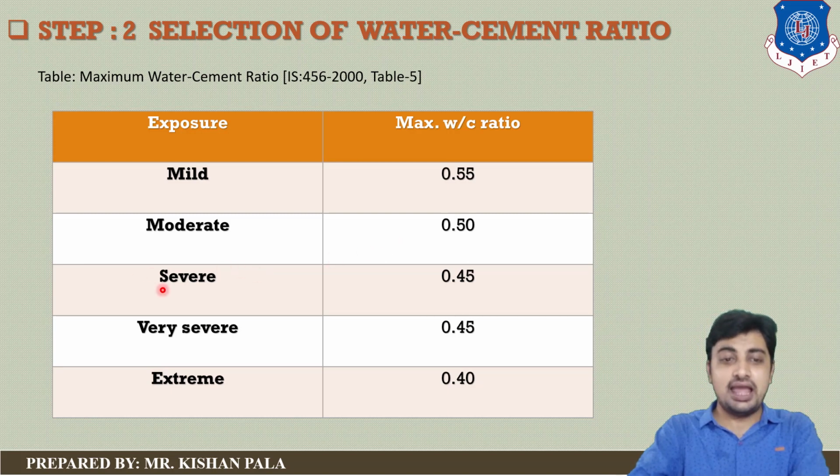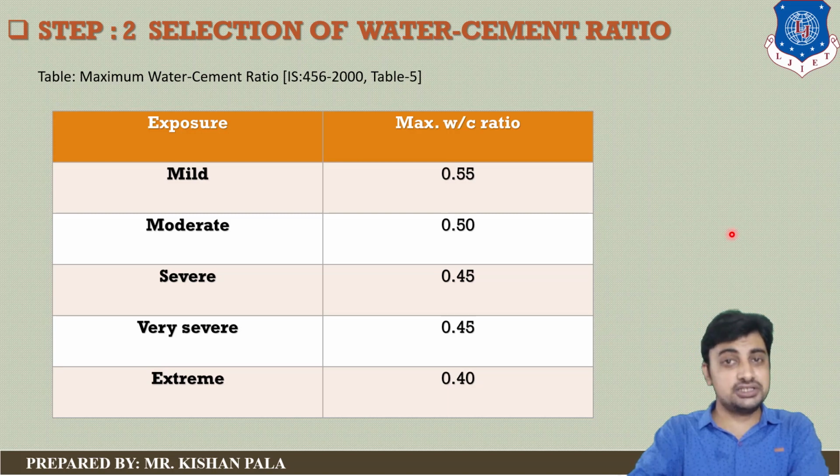In the severe and very severe conditions, in both cases you can take this value up to 0.45, and in the extreme condition you can take this value up to 0.40. So depending on the exposure condition, you have to finalize the maximum water cement ratio. For example, my concrete has the severe exposure condition. So in that case, I can take the maximum water cement ratio up to 45%. It means my value will not be greater than 0.45.